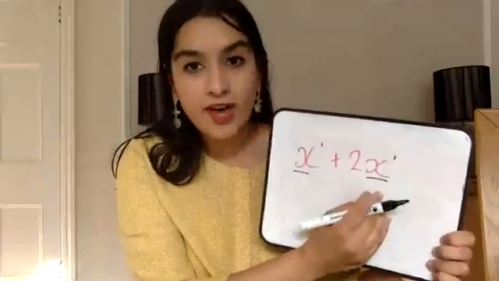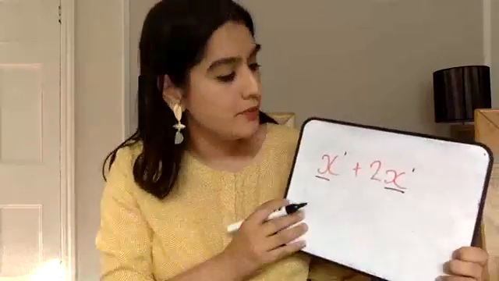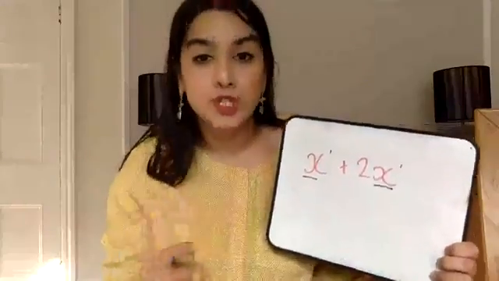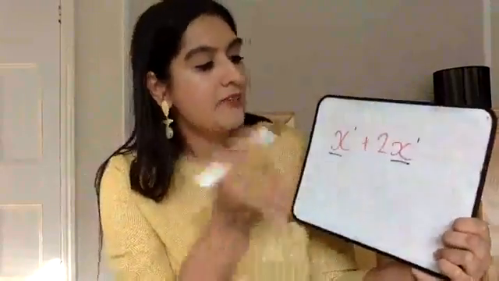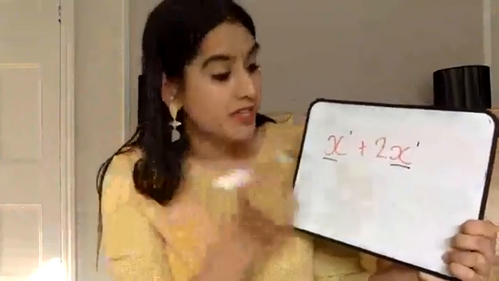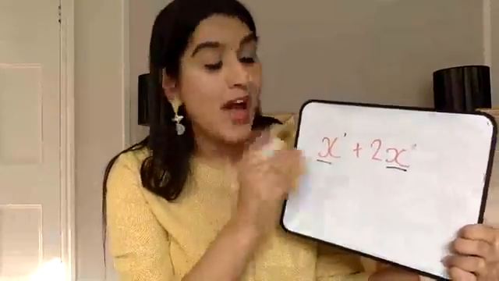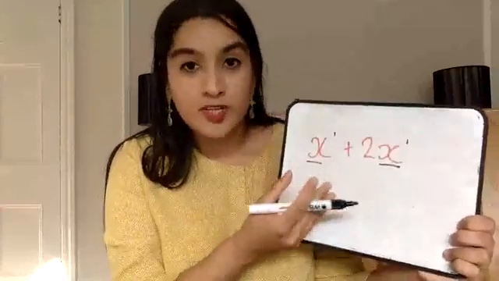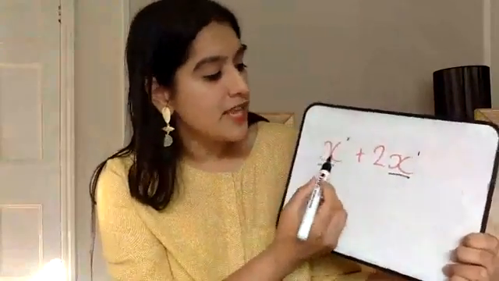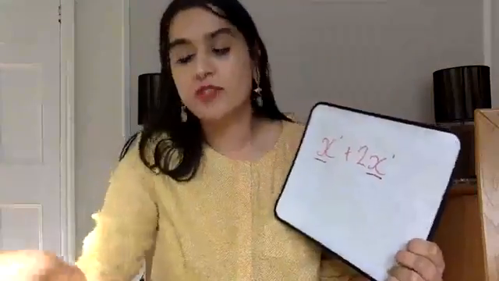If that was a y there, then they wouldn't be like terms, they'd be unlike terms, and the same powers. Those are the two conditions. And why that's important is because I need to have the same power and the same variable in order to add or subtract algebra terms like this. So that was how I was able to do x plus 2x, which gives me 3x.